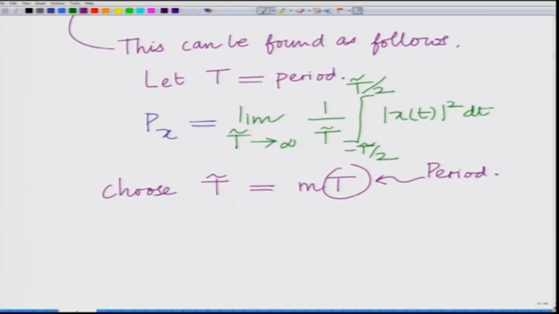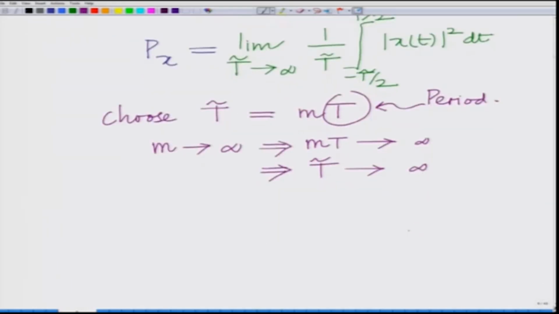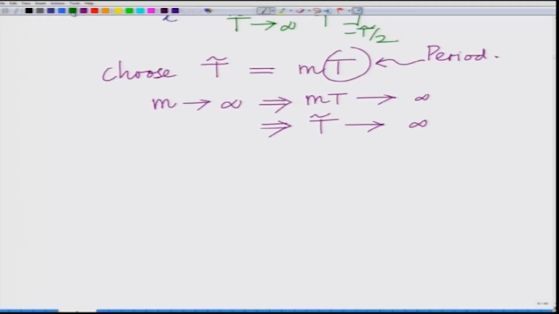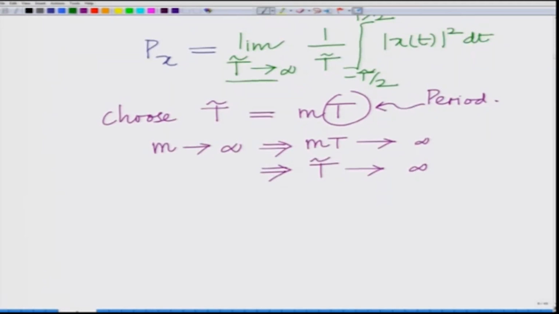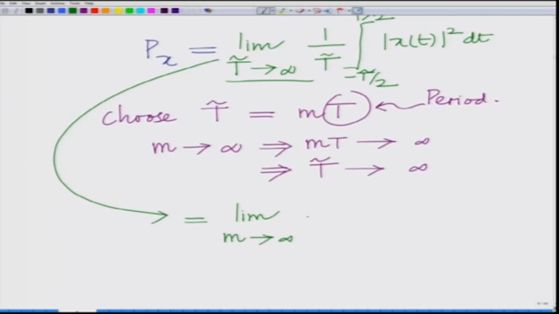If m tends to infinity, this implies mT tends to infinity, which implies t tilde tends to infinity. So, naturally I can use this, and instead of the limit t tilde tending to infinity, I can equivalently represent this as the limit m tending to infinity.